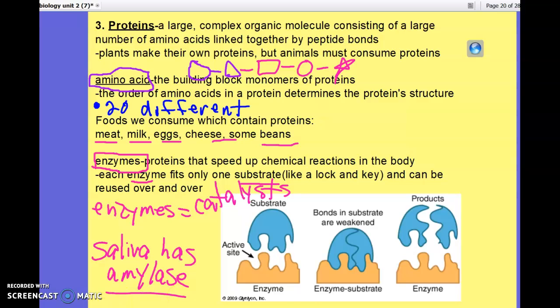Saliva has an enzyme called amylase. And what amylase does is it starts breaking down starches immediately as soon as starches come in contact with it. That's why we put starch in those test tubes, and then we added amylase or saliva. We added saliva to one and water to the other, and we're just going to measure and see if it's been broken down.